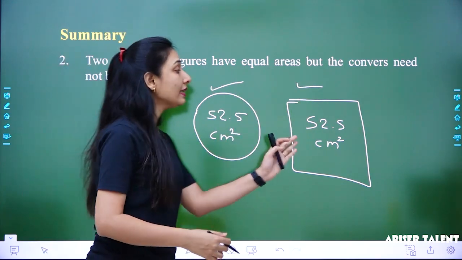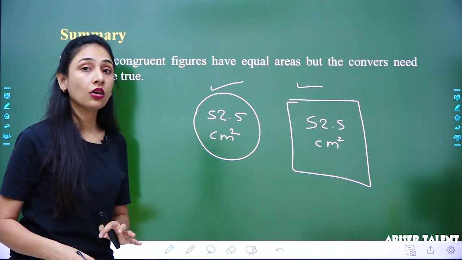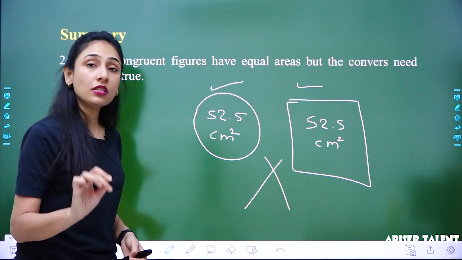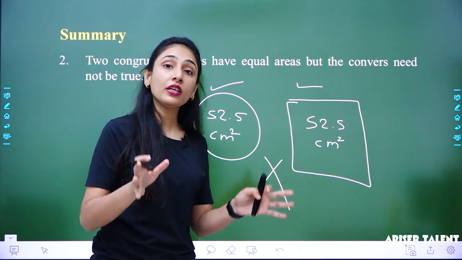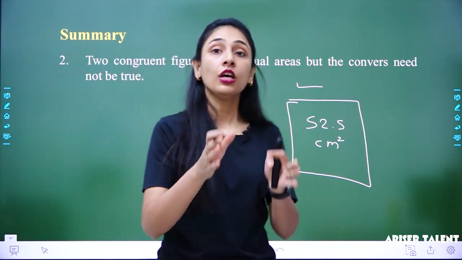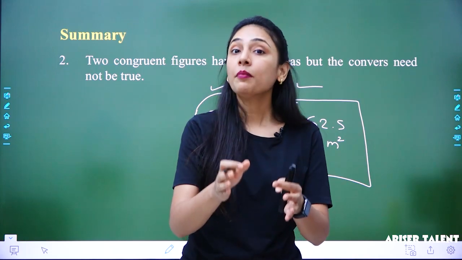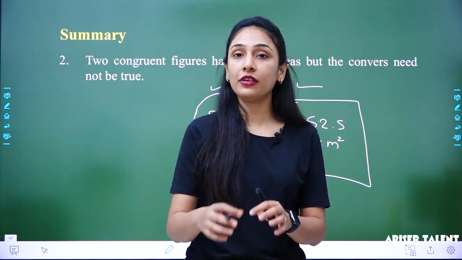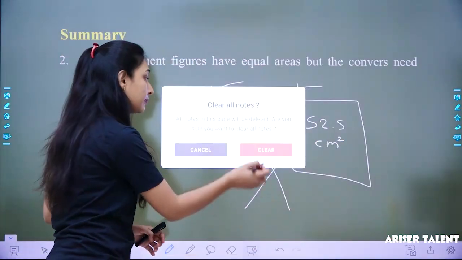Now, are these two figures congruent or not? These are not congruent to each other. That means the converse is not true. Only figures that are congruent will have the same area, but figures having the same area need not always be congruent.